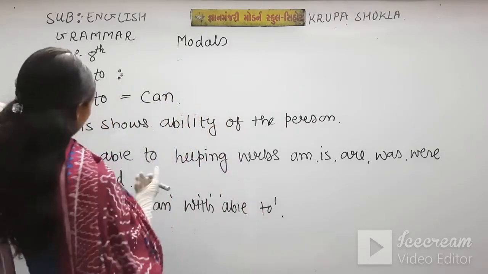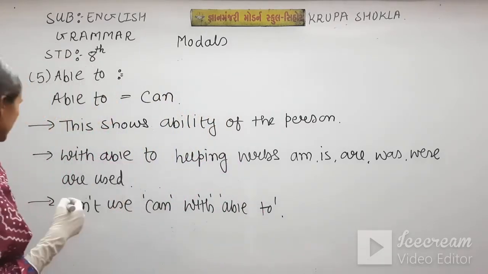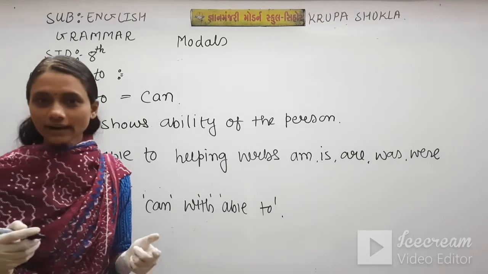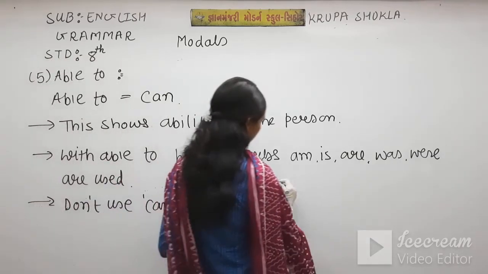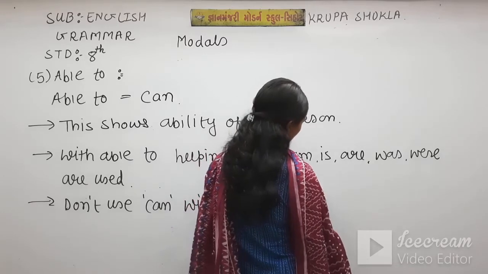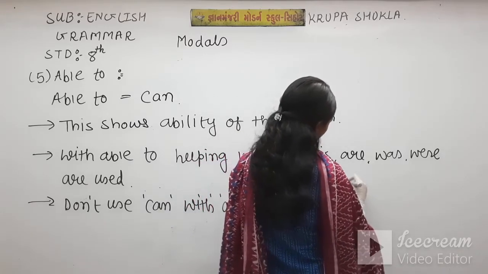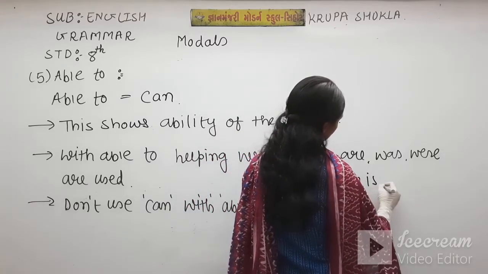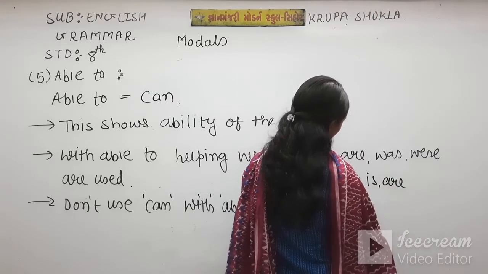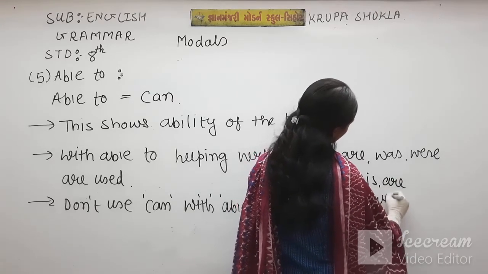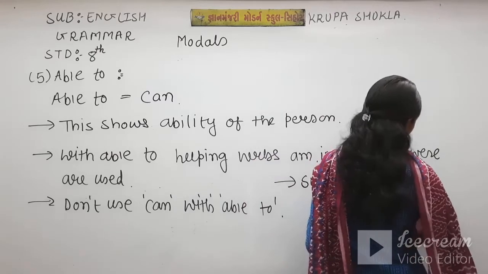Let me write the sentences, but before that we'll write the sentence pattern. When you use it, we need a subject, after this am, is, are, or you can use was or were according to the tense.